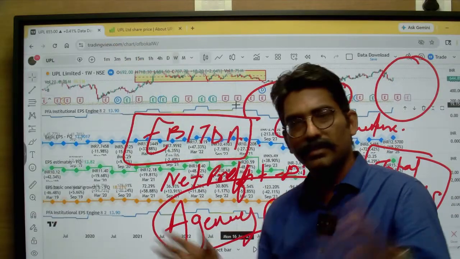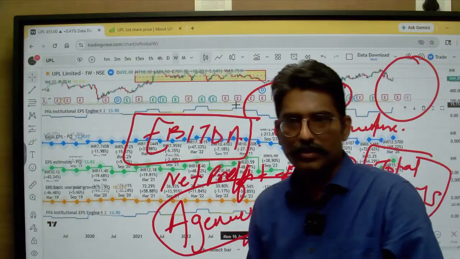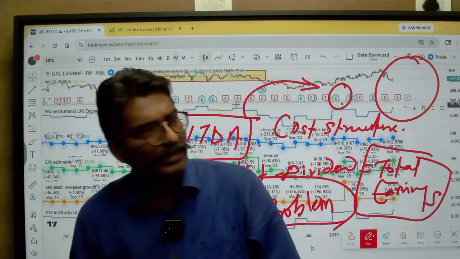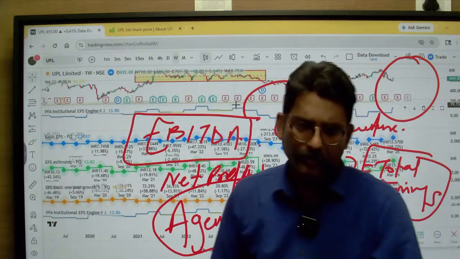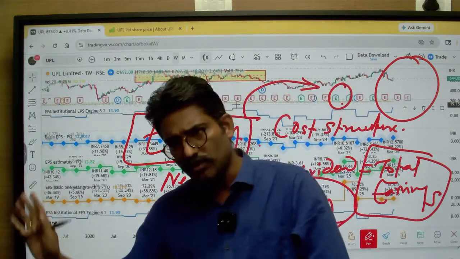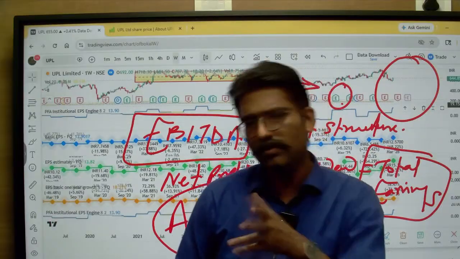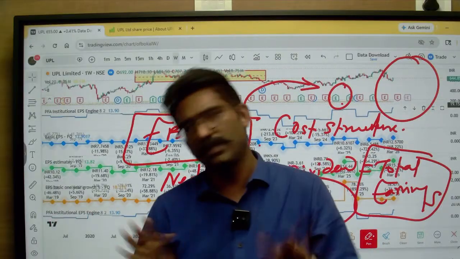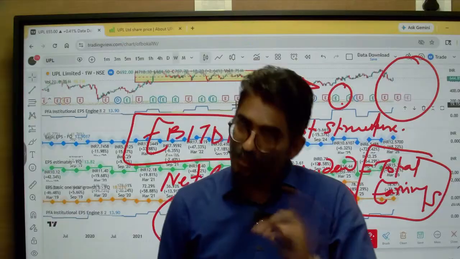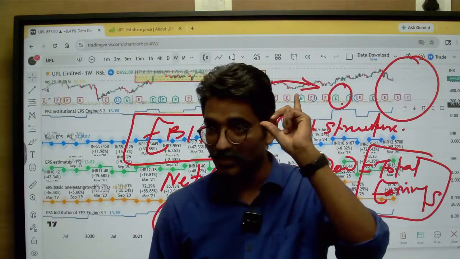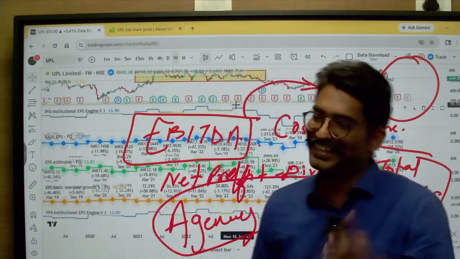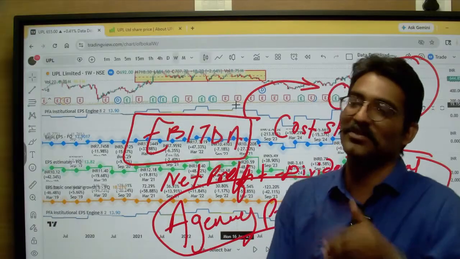Like yesterday night, I solved some problem, the charts I was showing you. I slept at 1:30 or something, and the laptop was on, the specs was lying aside. I got up at about 3, just looked at the charts, felt satisfied and slept. So my agency problem is solved at 3 o'clock in the night. But someone who's working, his agency problem is 5:30 and 6 o'clock.